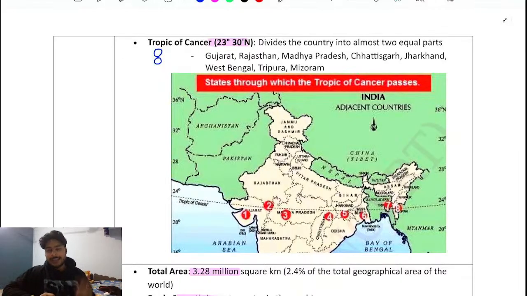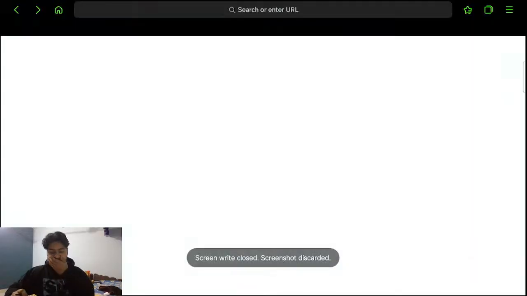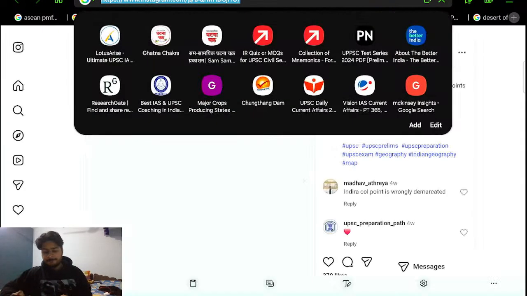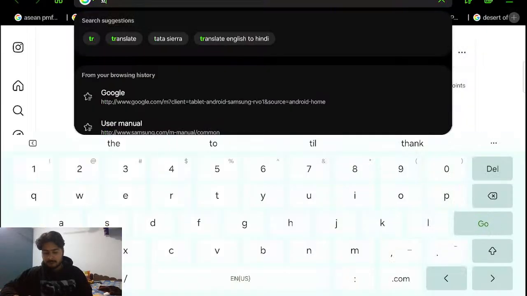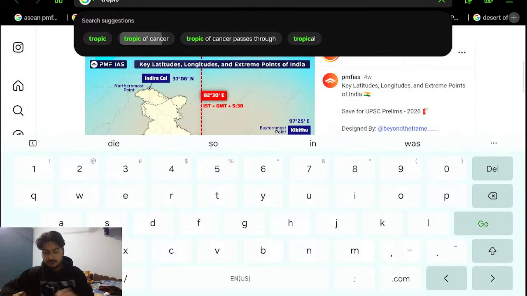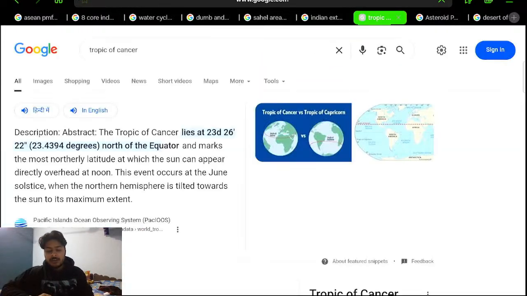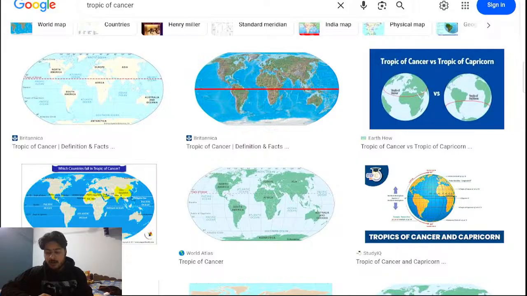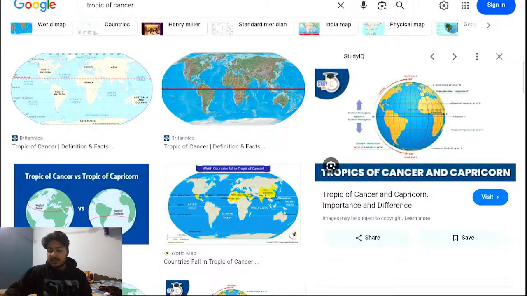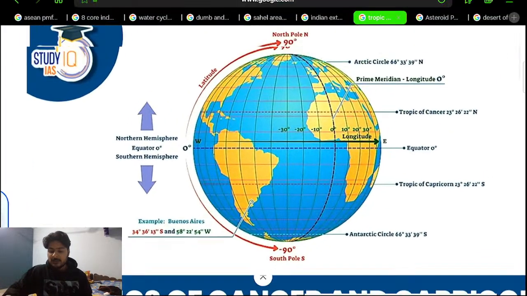Now, what is the Tropic of Cancer? Again, let me show you a very beautiful picture. As I have discussed, on Earth we have some imaginary lines, and these imaginary lines pass through the Earth.